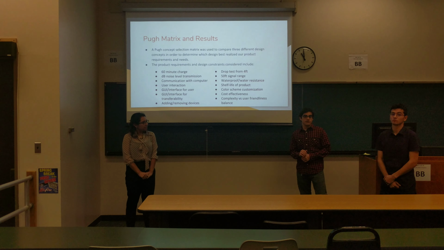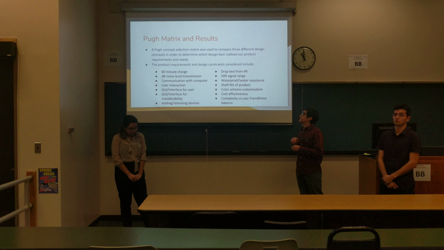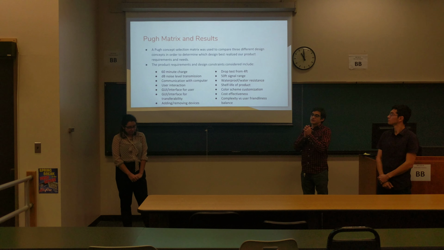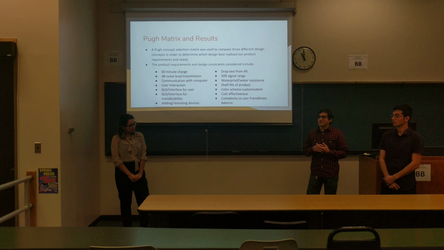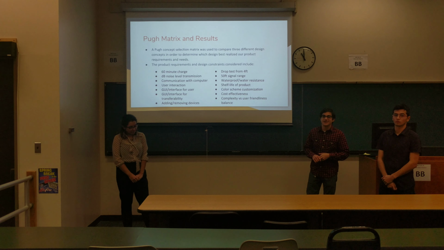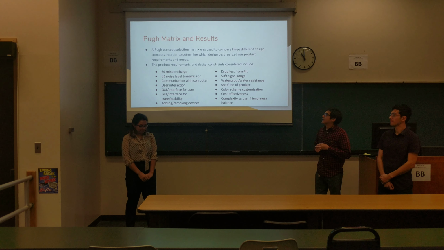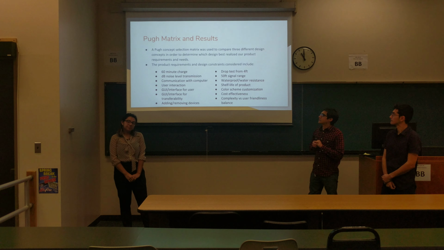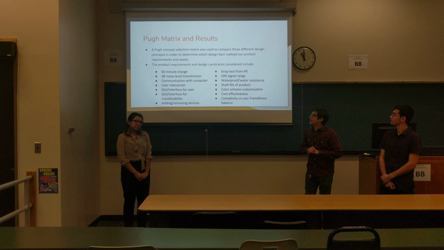So we came up with a few different design concepts. They range from different constraints like connectivity, how many buttons it would have, how many microphones. And these are some of the constraints that we use in our Q matrix.